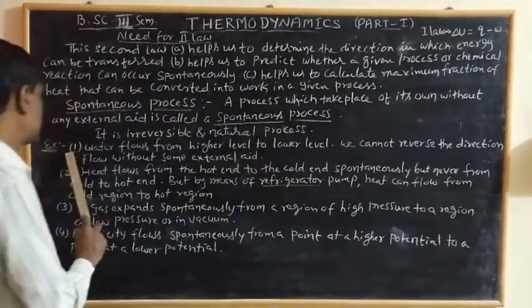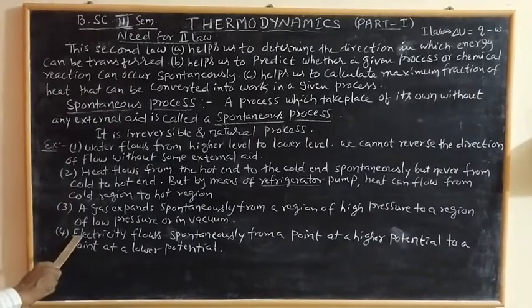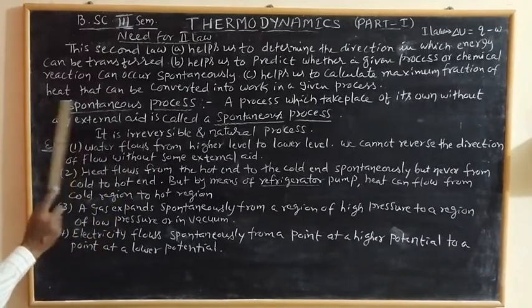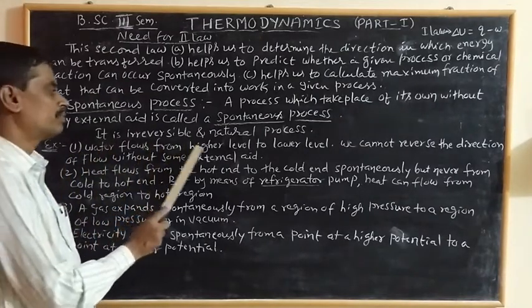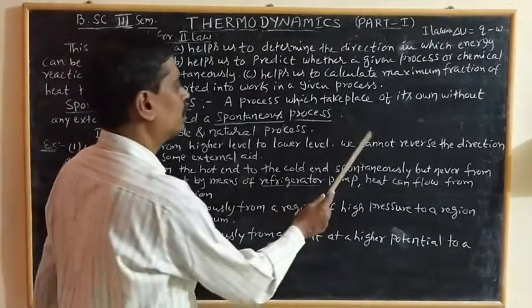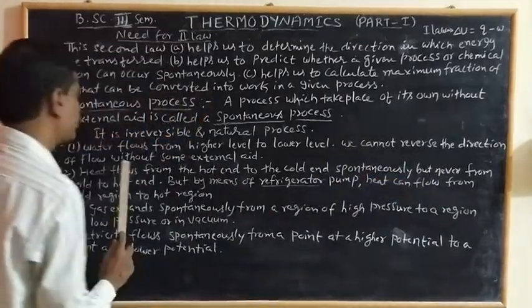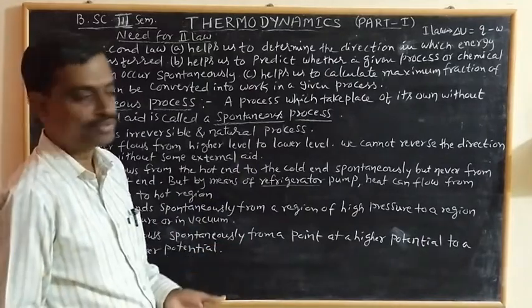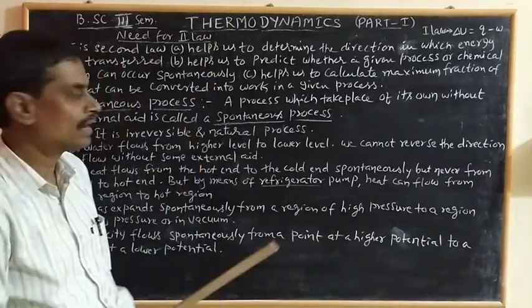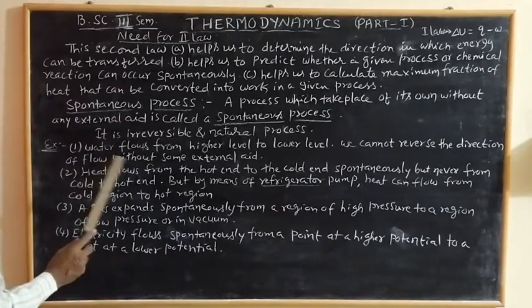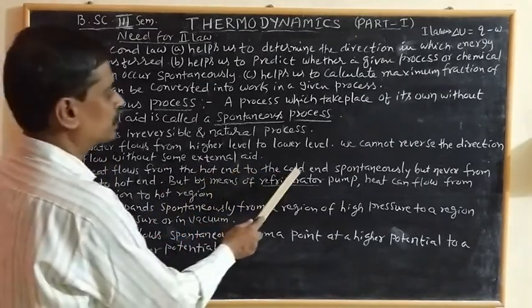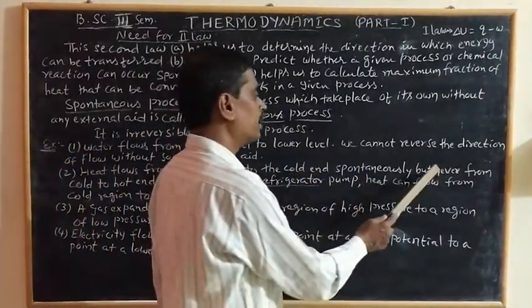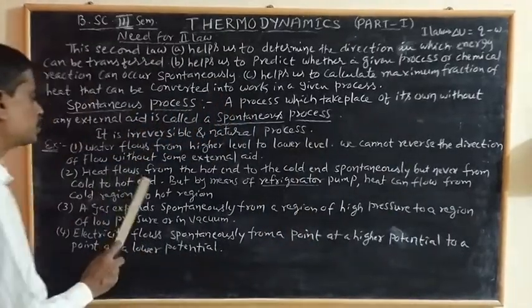The examples are, out of 4 you have to write any one in the examination. The first one: water flows from higher level to lower level. We cannot reverse the direction of flow without some external aid, but by an electric pump we can lift this water from lower level to higher level. Second, heat flows from the hot end to the cold end spontaneously, but never from cold to hot end.